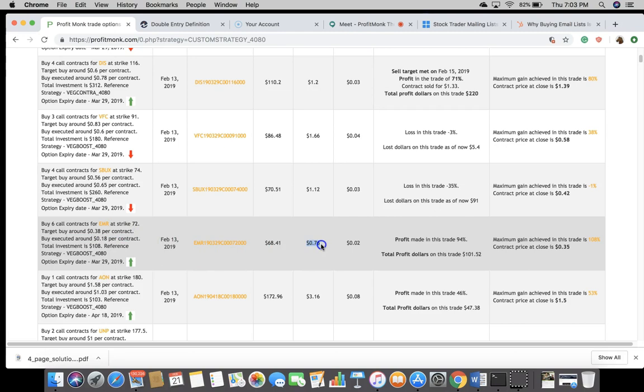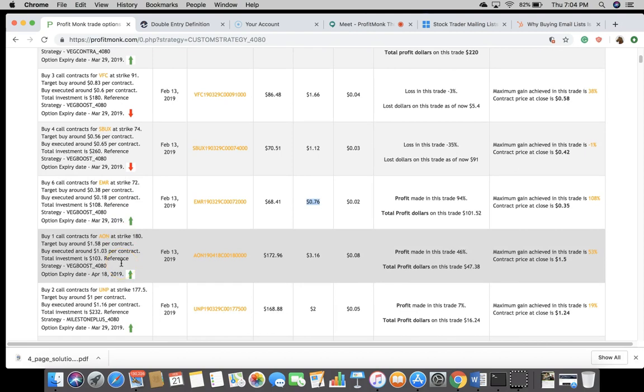So for example, on EMR, even though right now it's showing 94% profit, the target sell is still 76 cents. So when and if it goes there, you would have made a neat profit from 18 cents all the way to 76.